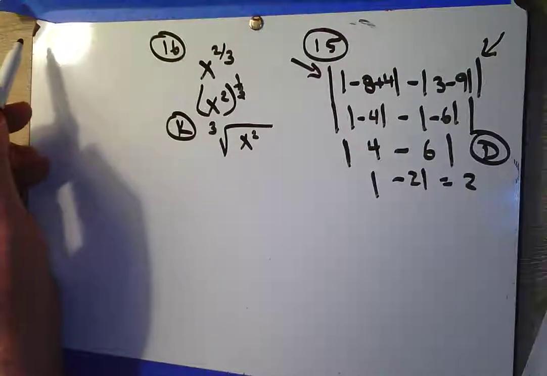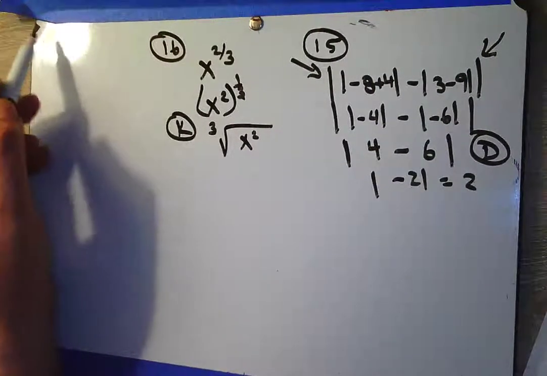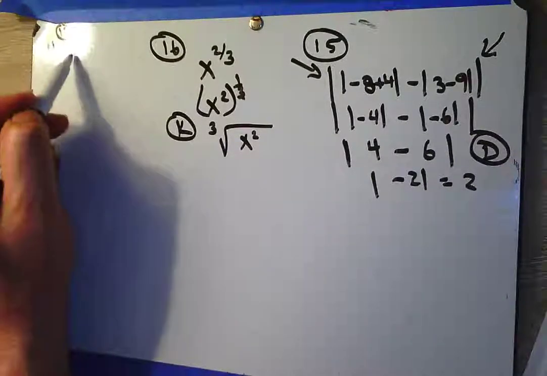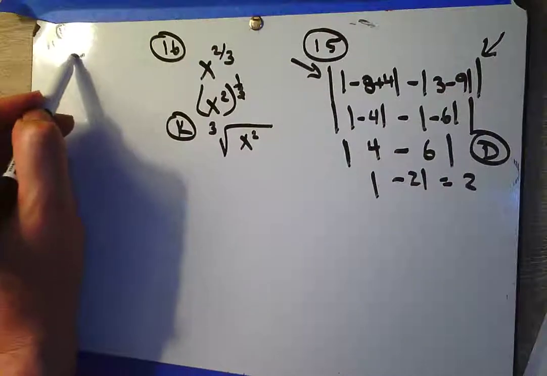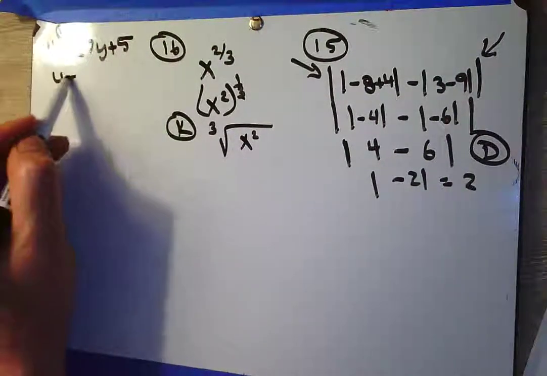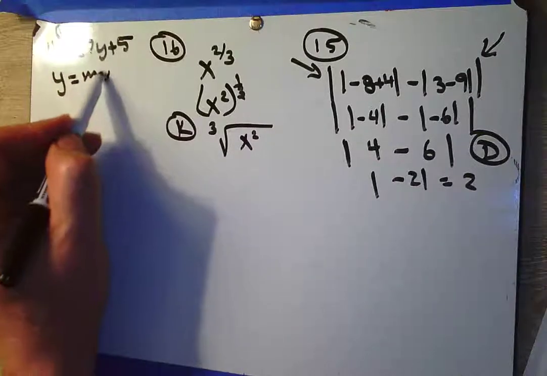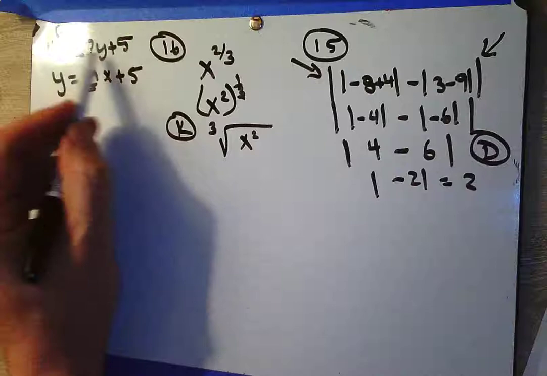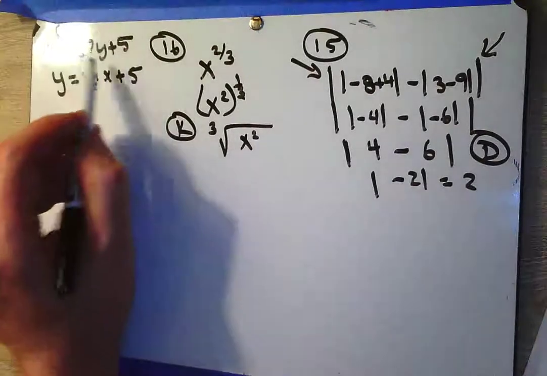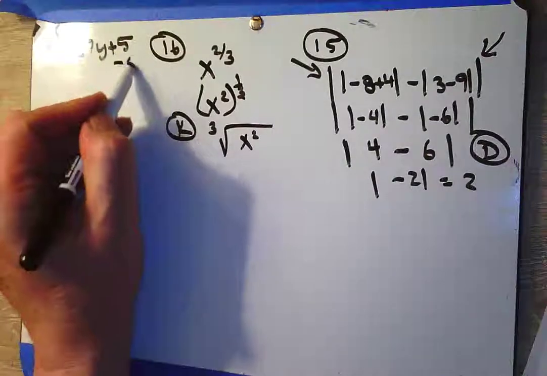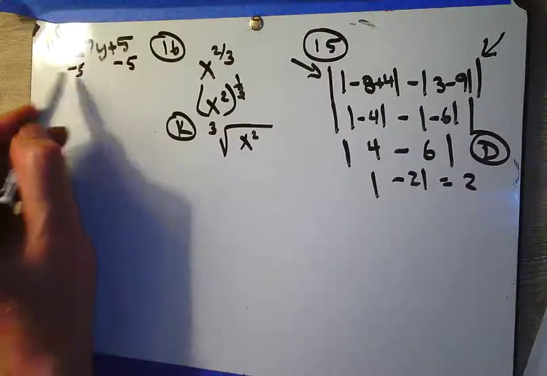17. In the standard xy coordinate plane, what is the slope of the line given by 4x equals 7y plus 5? Well, we know if we can get y equals form, we can read the slope off the equation. So let's solve this equation here for y. That means I'm going to subtract 5 from both sides.